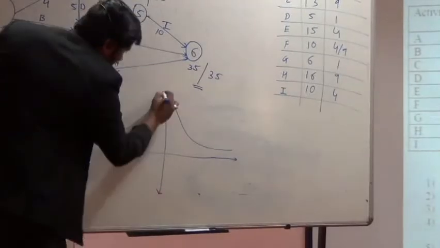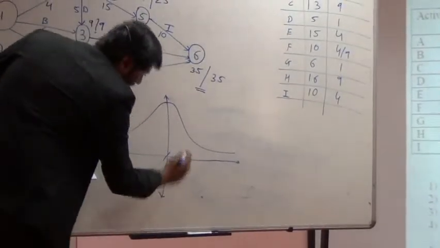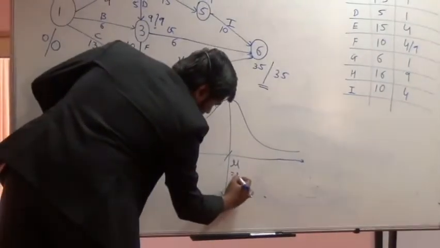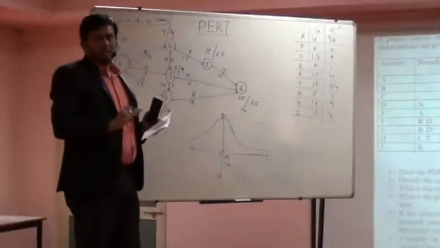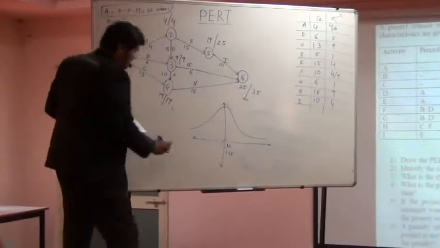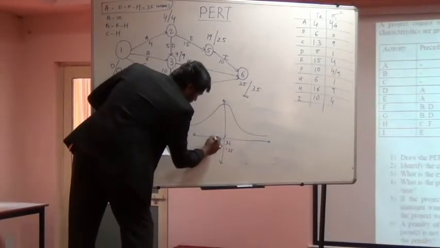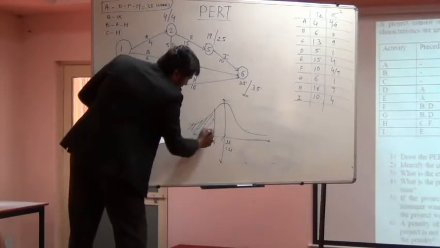You all know that the area is 1 and in the middle mu will be there. In our case mu is 35. They are asking for the area covered before 1 week of the project completion time, so that means 34. So they want to find this particular shaded area.